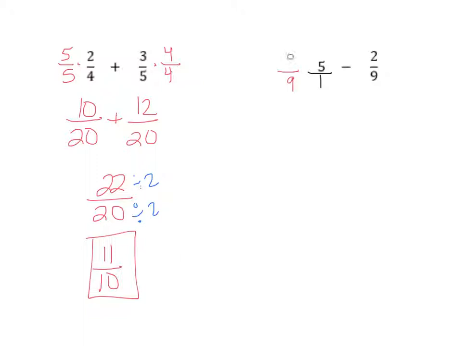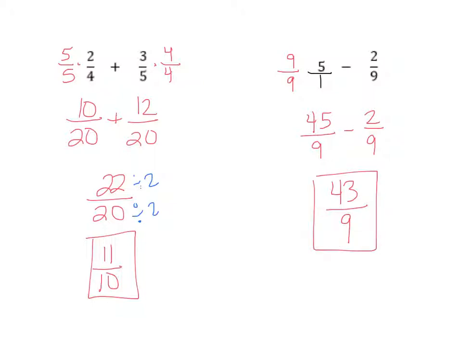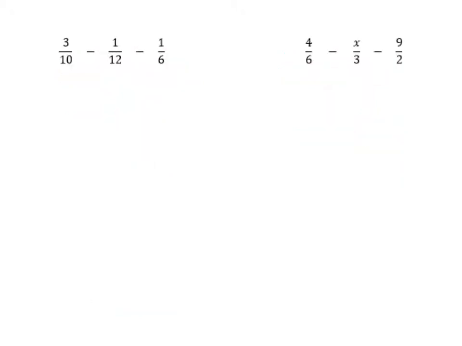And I'm going to do it on the top also. So that really is the equivalent of 45/9 minus 2/9. Do the operation on the numerators, 43, the denominator stays the same. And then you look to reduce, but I don't think anything goes into 43, so we're going to call that good right there.